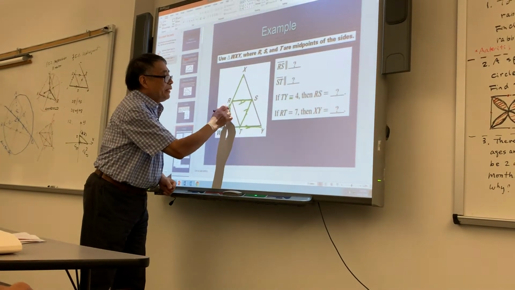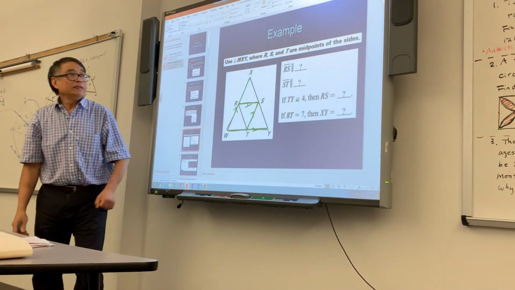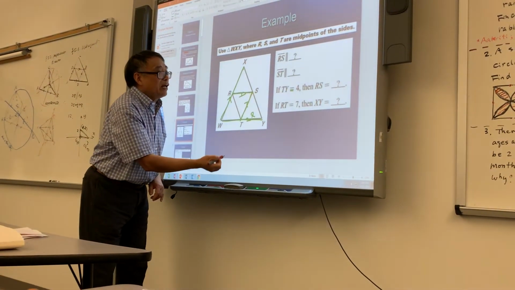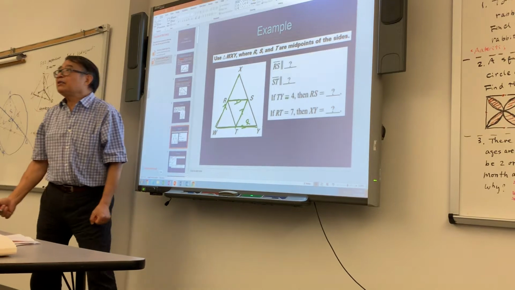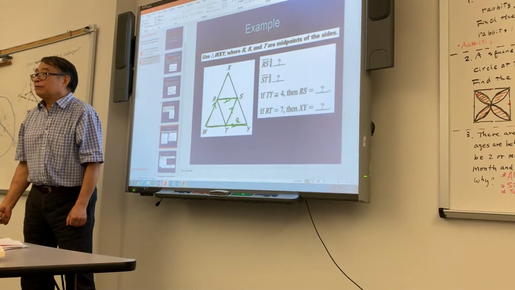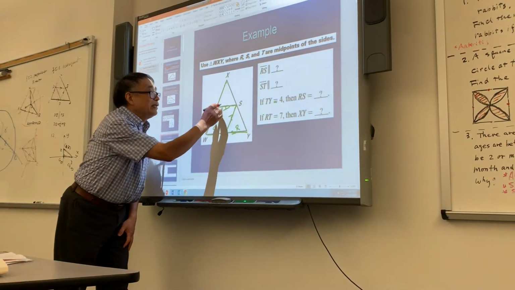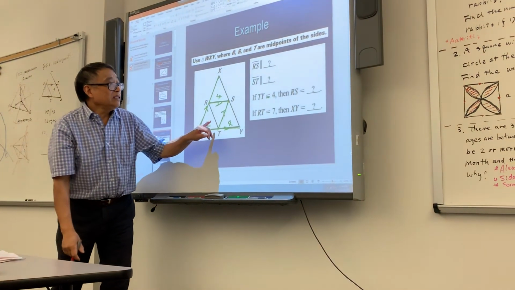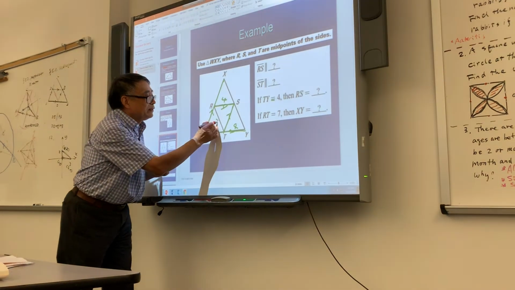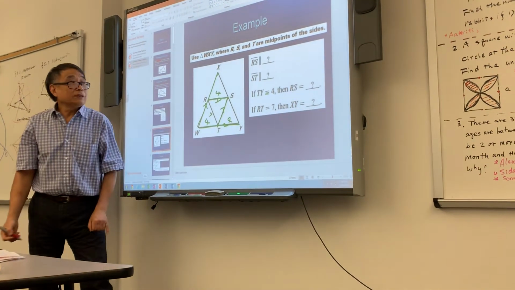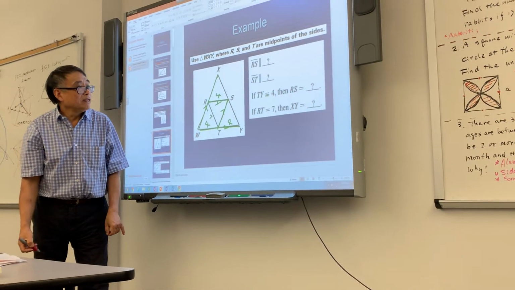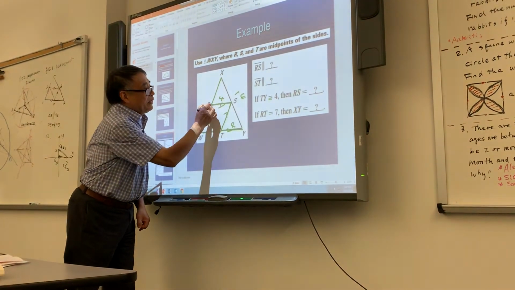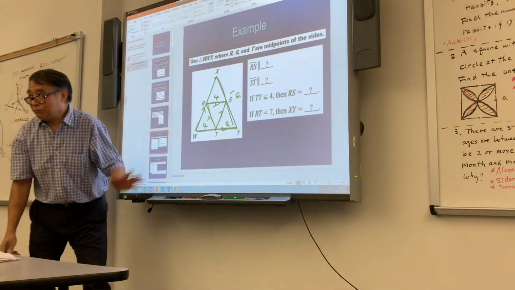Yes, those two are parallel. Is that clear? Good. Then if TY is 4, how about RS? RS equals 4, because this is 4, this is 4, this is half of 8. And if RT is 7, how about XY? 14. XY should be 14 because those two are parallel and in a half relationship.